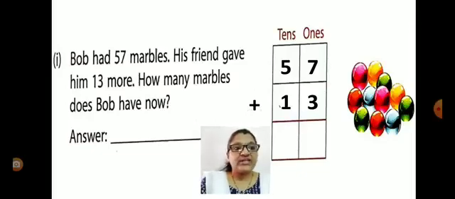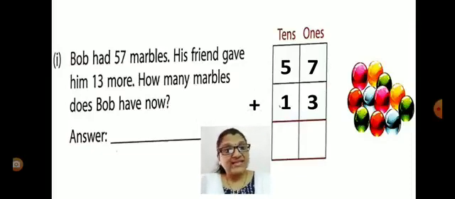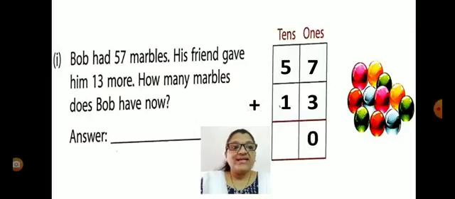Now let us do the addition of numbers at ones place first. 7 plus 3 equals 10 and 10 is a 2-digit number. So we will write 0 at ones place below 3 and we will carry over number 1 at tens place. And we will write it above number 5. Now we have to add all 3 numbers at tens place.